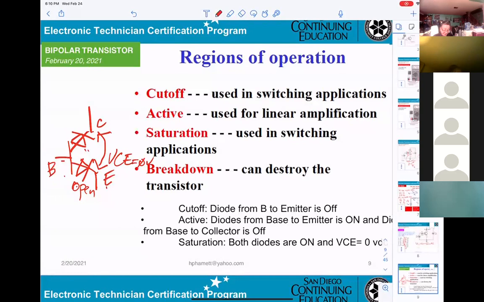If you want to design an amplifier, then the diode from B to E must be on, and the diode from B to C must be off. And if you want to build logic circuitry, they must be saturated, so both diodes must be on.